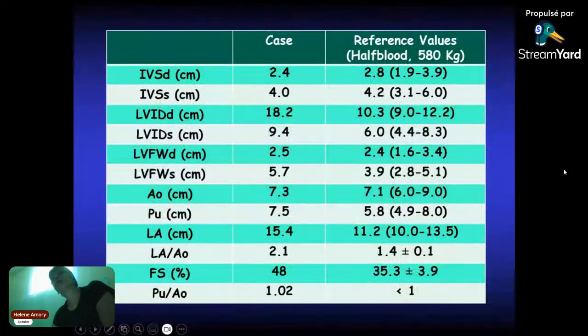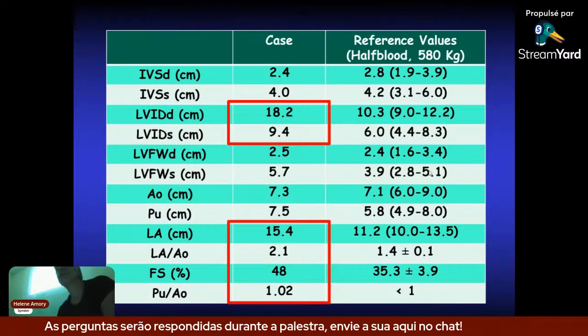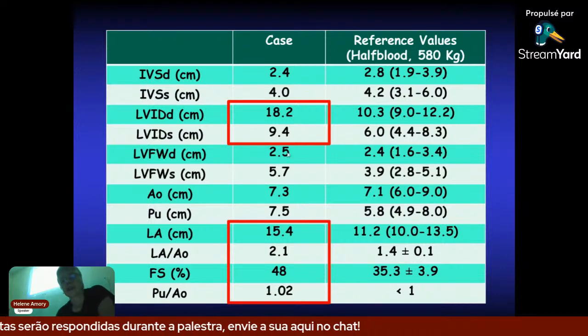We do the measurements. We compare two reference values for a horse of the same weight, and you see that he has a very severe dilation of the left ventricle. Let's see. 18 centimeters. The maximum for his body weight would be 12 centimeters.